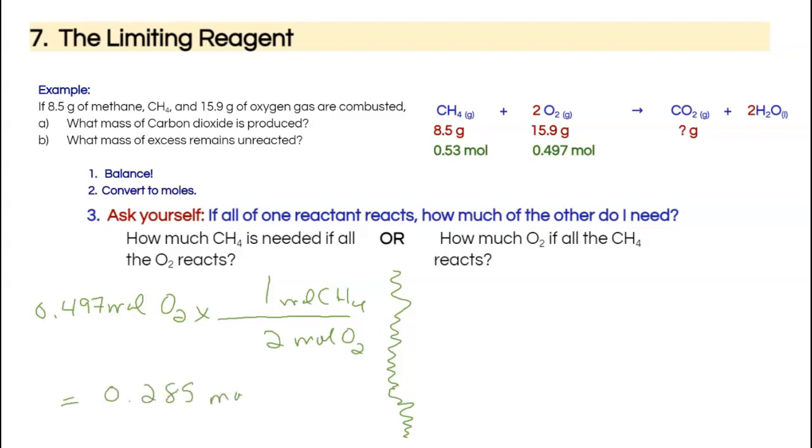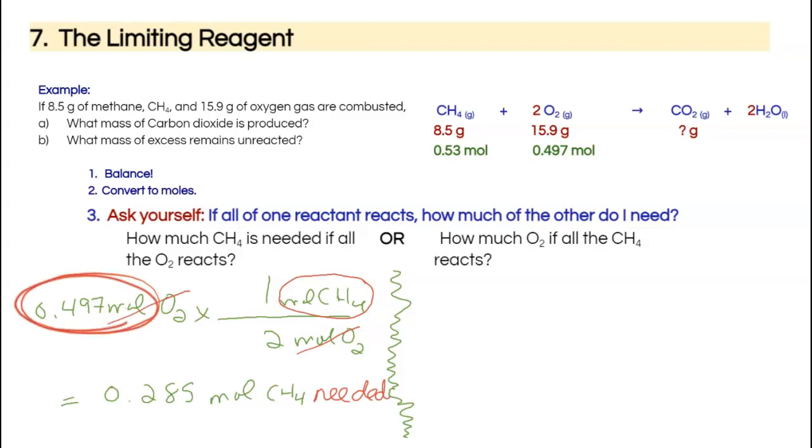0.285 moles. And keep in mind, let's look at the cancellation here. I've canceled out moles of O2, and this is giving me moles of CH4, and those are moles that are needed. If I want to react all of my O2, I need this many moles of CH4. So let's go up and see how many moles of CH4, of methane, I actually have.